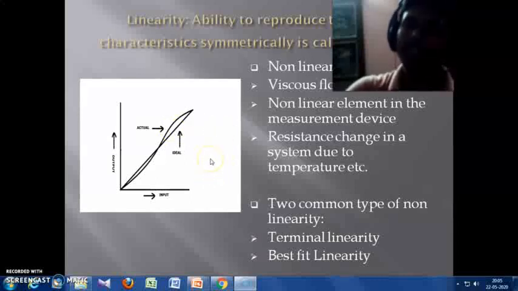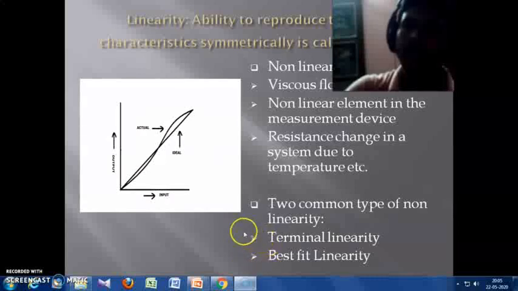But best fit linearity is like this curve, where the actual curve is showing the best fit linearity, where some points tend to 0, some points we get a deviation in the positive, and some points we get a deviation in the negative. So this kind of arrangement is called best fit linearity.